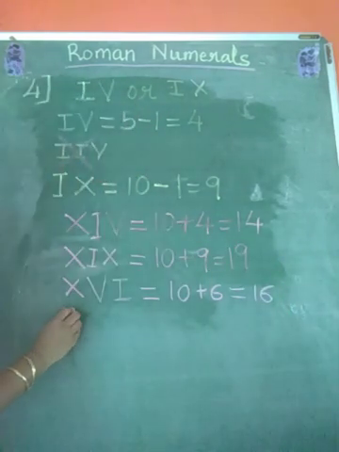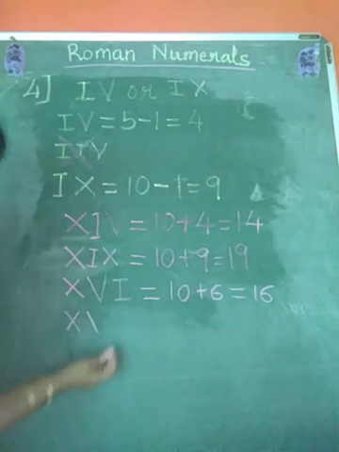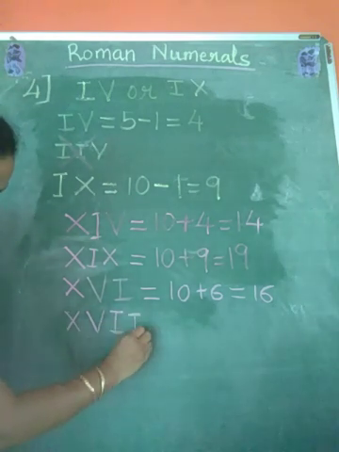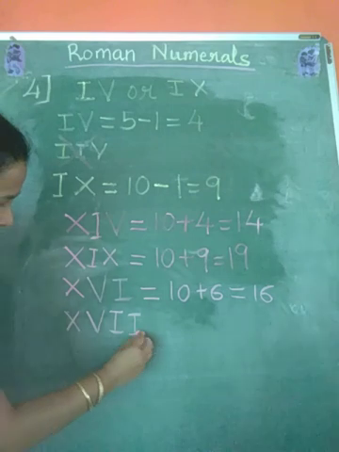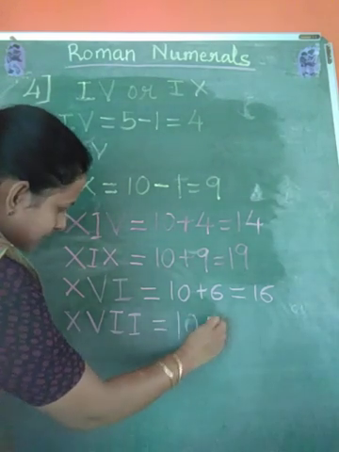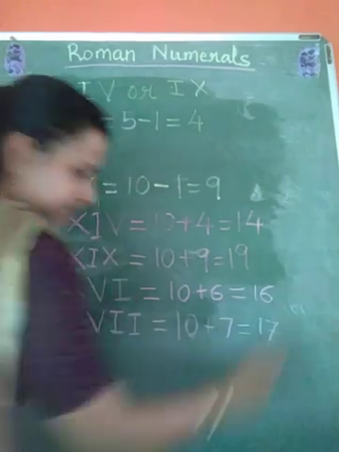So I know now what you are going to think. Yes, you are right. 17 will be written as XVII. So this is 7, and the total now becomes 10 plus 7 equal to 17.